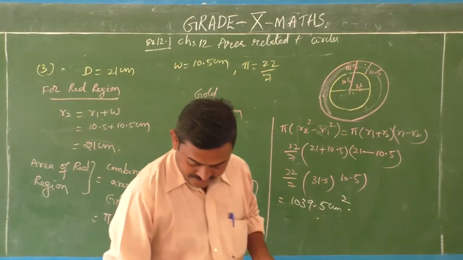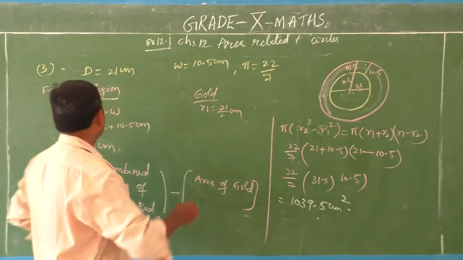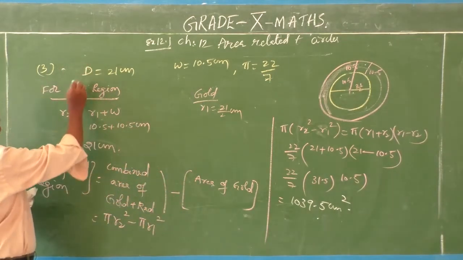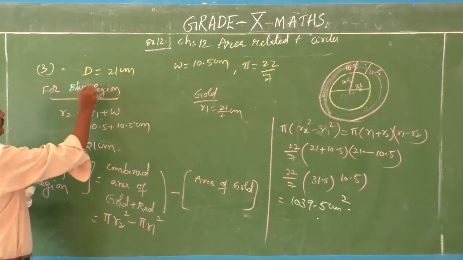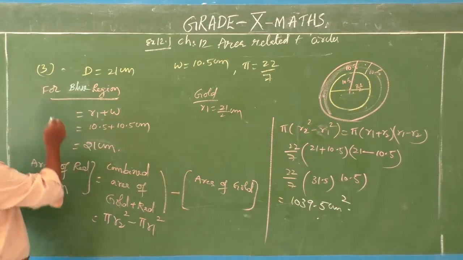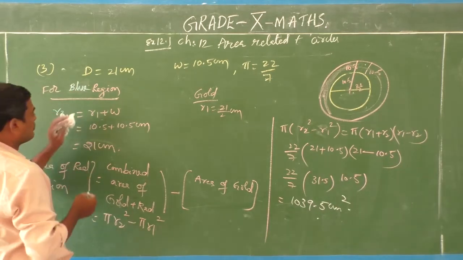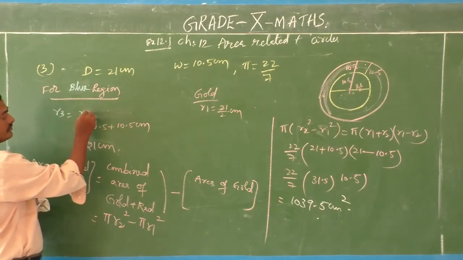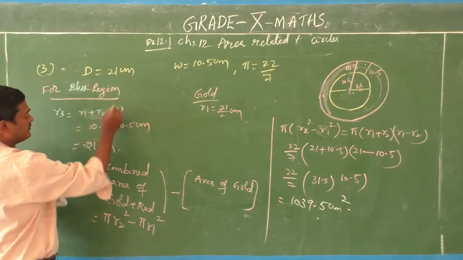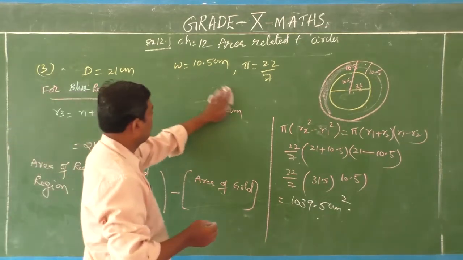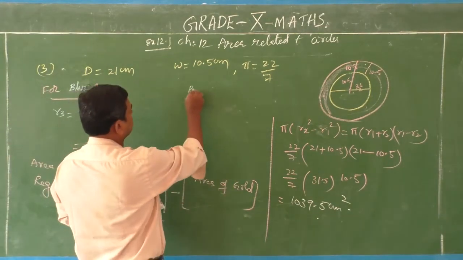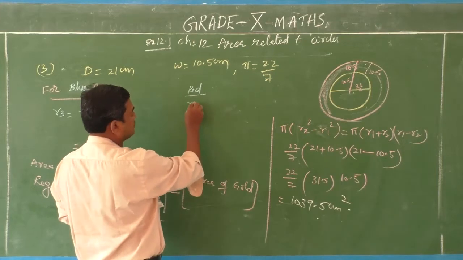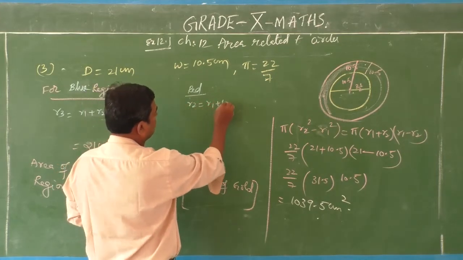Next, the third one is the blue region. For the blue region, R3 equals R2 plus width. The red region means R2 equals R1 plus width.